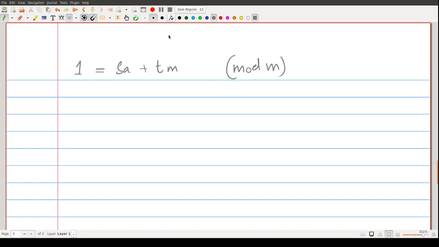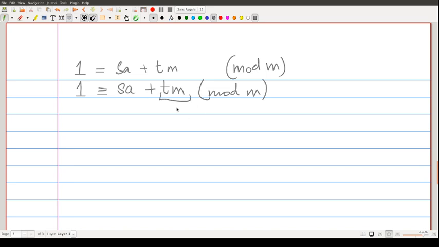So I'm going to find the remainders on both sides when we divide by M. So 1 is of course going to remain as 1, and this side SA plus TM, we need to figure out what this number becomes in mod M. Now notice that if you divide this number by M, we don't know what the remainder is going to be. It could be anything, right, from 0 to M minus 1.